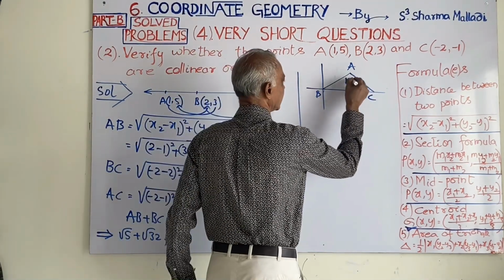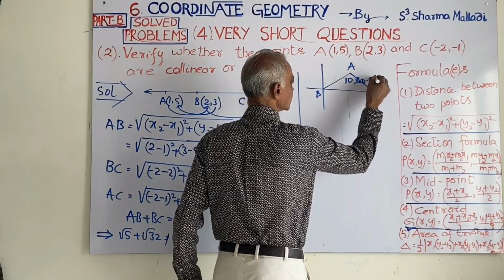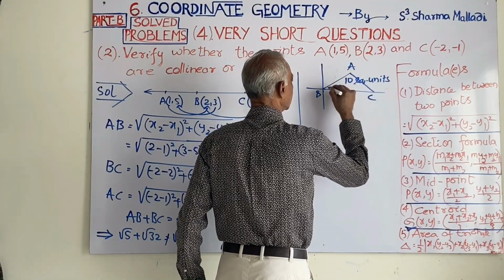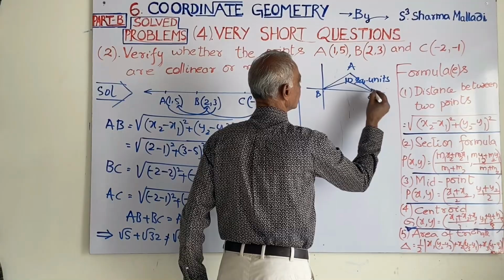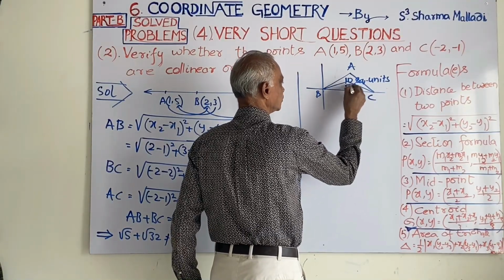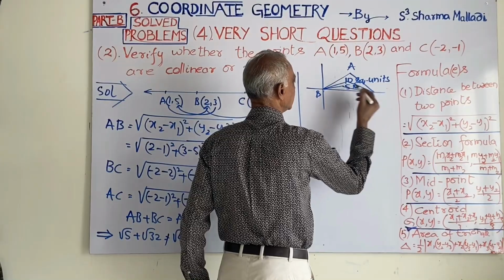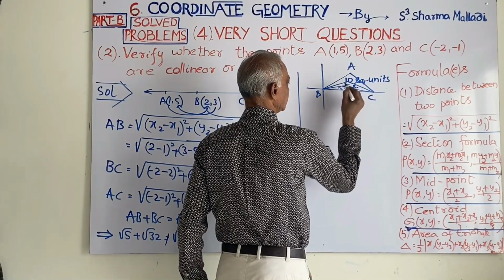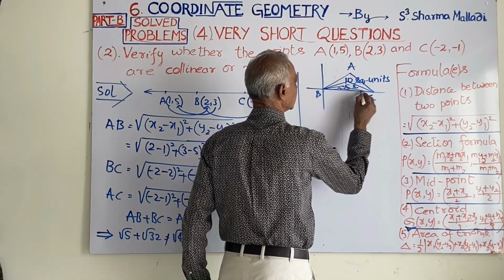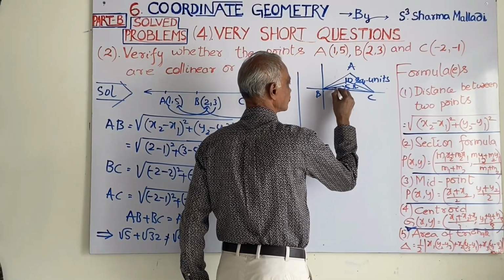For this triangle, 5 square units. For this triangle, 2 square units. For this triangle, 0.5 square units.